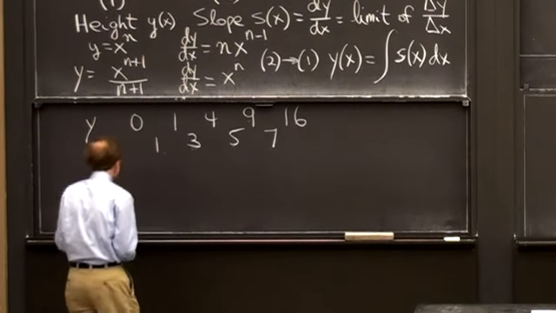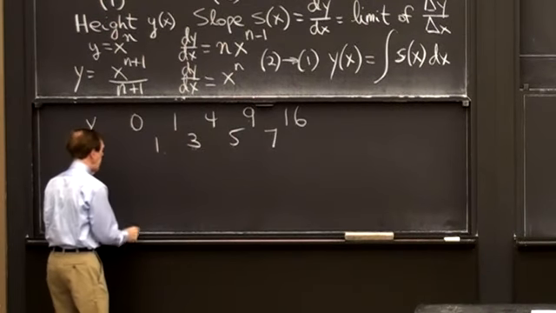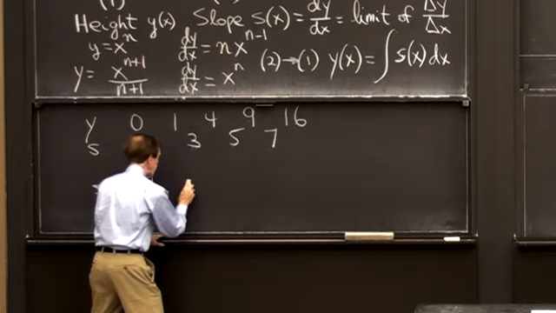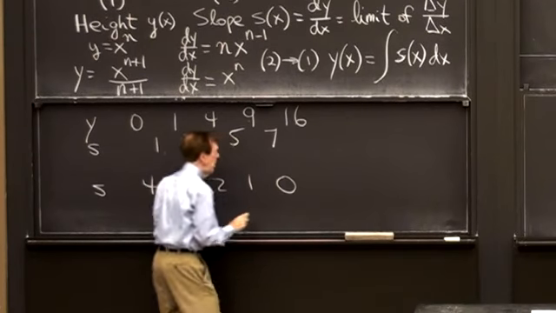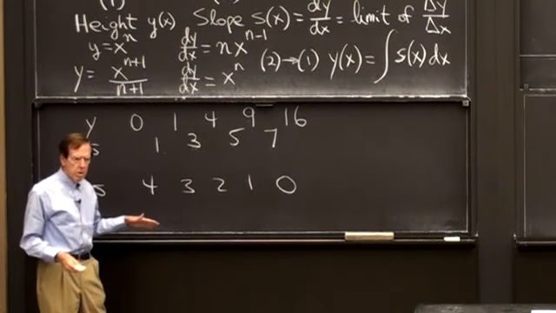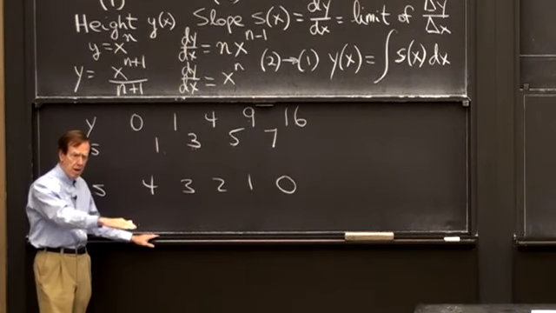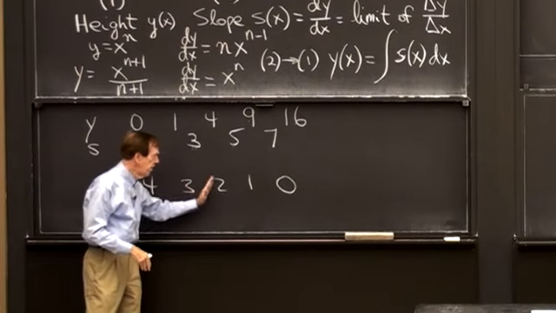Let me do a second example just to make that point. Let me start you, this time, with the slopes, because that's today's job. Suppose the slopes are 4, 3, 2, 1, 0. So if these were speeds, I would say, okay, I'm slowing down. I'm slowing down, but I'm still moving forward.